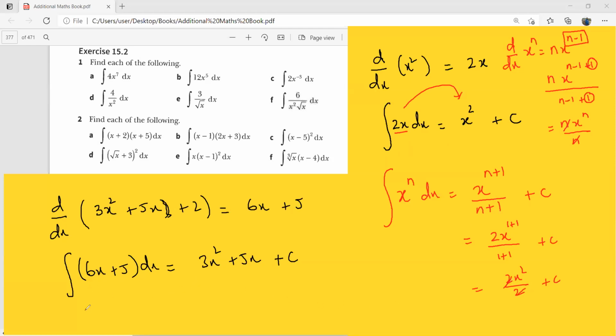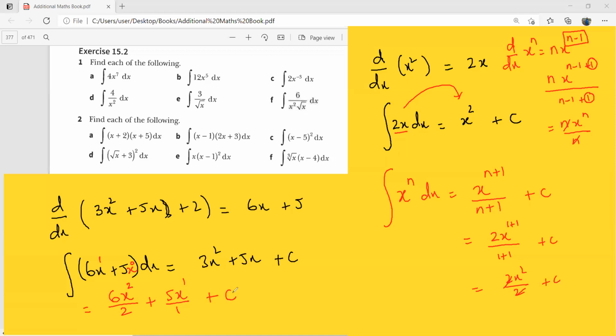Similarly, look at this one, 6x. This is going to be 6x square, the power is 1 here, when you add 1 to it, you get 2 over 2. And you have 5x to the power 0 here, because it is just 5. So this becomes 5x to the power 1 over 1 and then plus c.